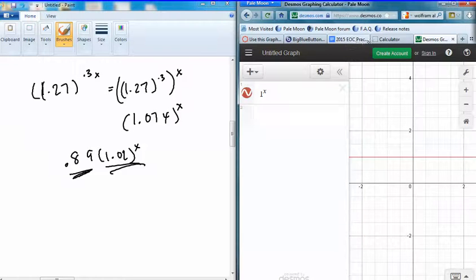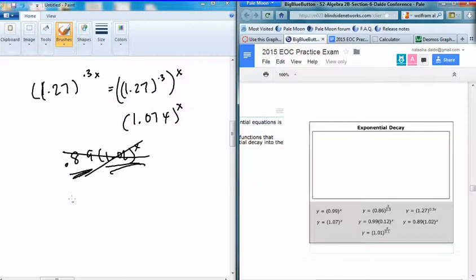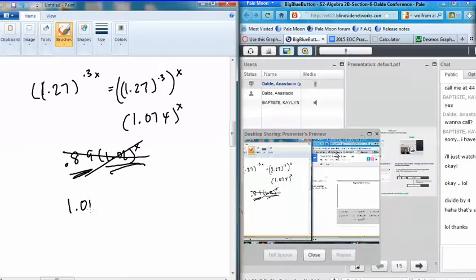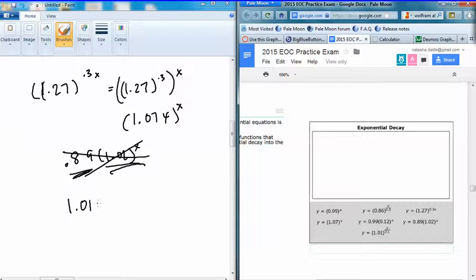So this one's out. The only other thing I haven't checked is what is 1.01 to the 1 over 0.1.